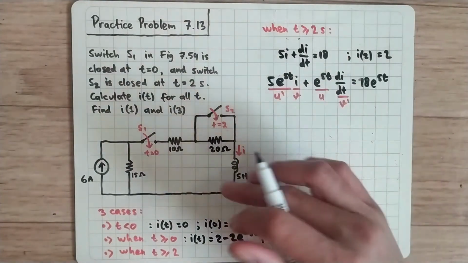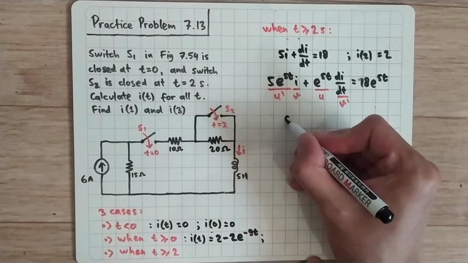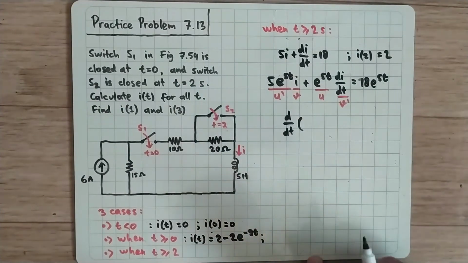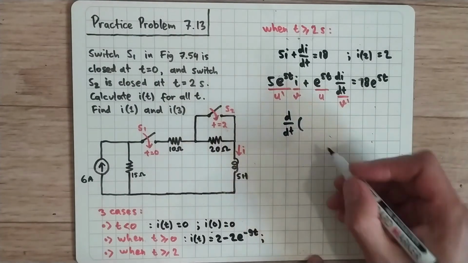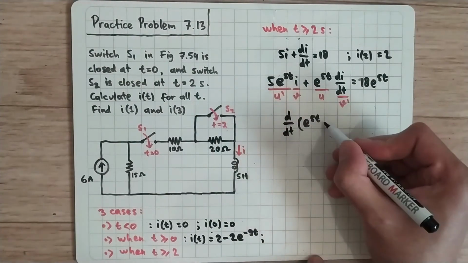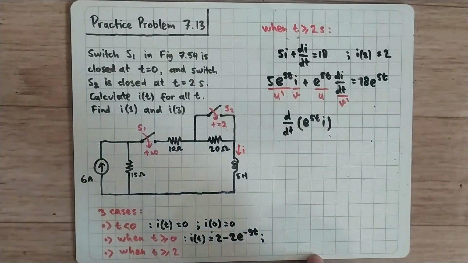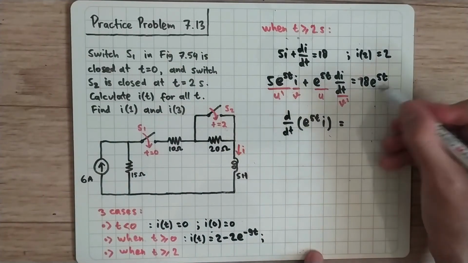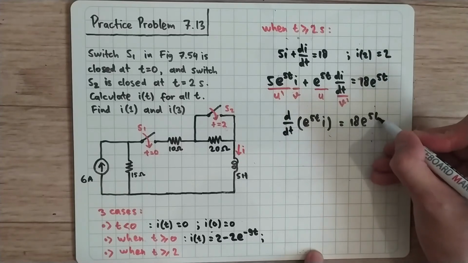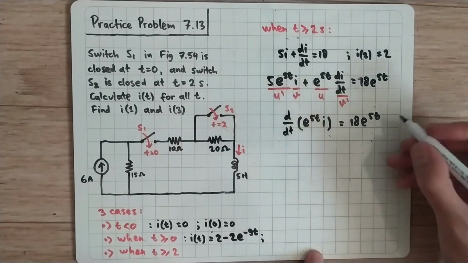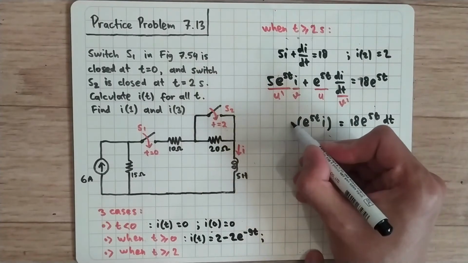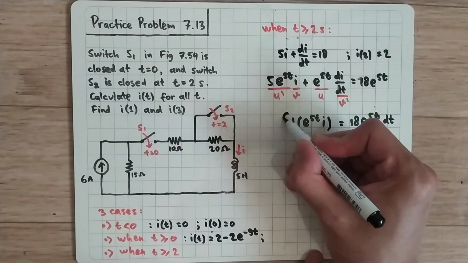So we can take out the derivative here. So we'll have d over dt of u, that is e to the 5t, and v, that is I. Okay, and on the right hand side we still have 18 e to the 5t, and we can move this dt to the right hand side. So I will have dt there, and this is d. So we can integrate both sides.